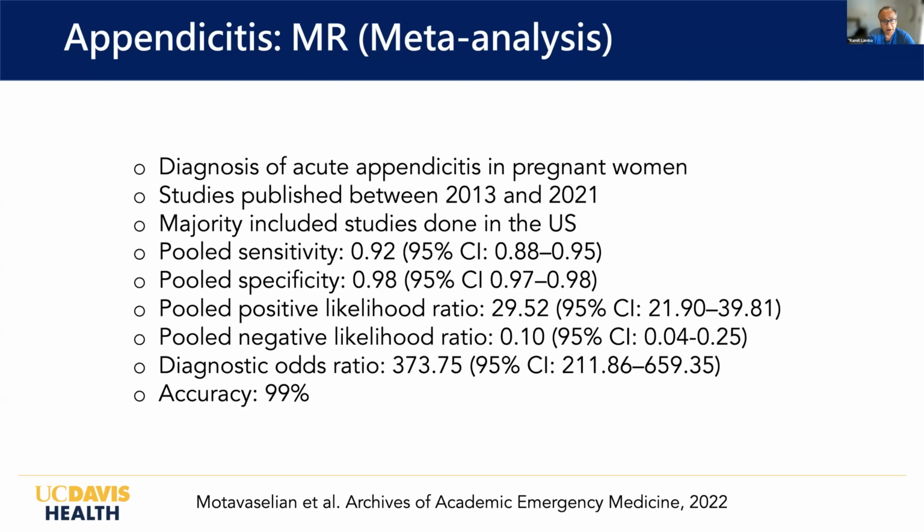So if you look at this meta-analysis, you get a pooled sensitivity of 92%, a specificity of 98%, which is quite excellent, a positive likelihood ratio of 29.52 and a negative likelihood ratio of 0.1. The diagnostic odds ratio was 373, which is pretty excellent at diagnosing appendicitis, and MR had an accuracy of 99% for diagnosing acute appendicitis in pregnant women.